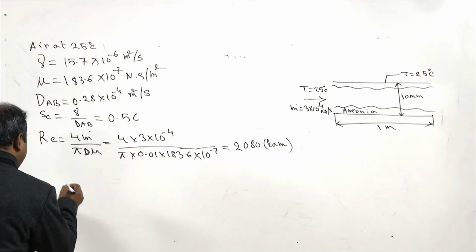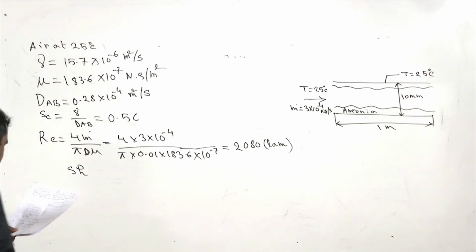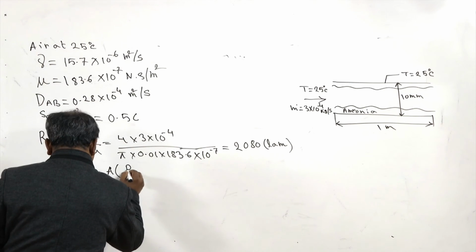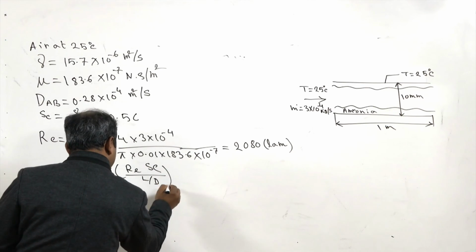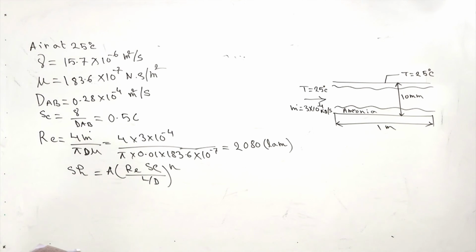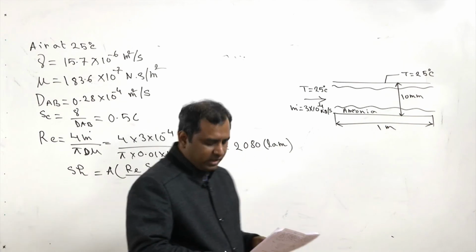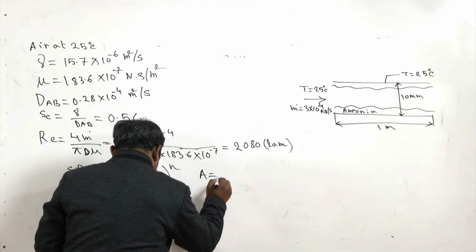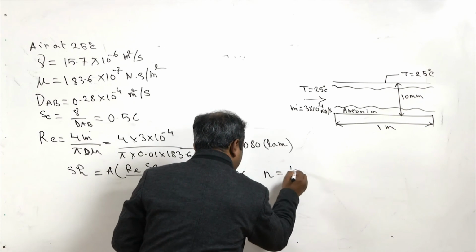We have already seen that the Sherwood number is important for mass transfer. The Sherwood number is A into Re, then Schmidt number by L by D, to the power n. Here we need to find the value of A and n. For this type of pipe flow, which I have not told you in the lectures, A is 1.86 and n is 1 by 3.